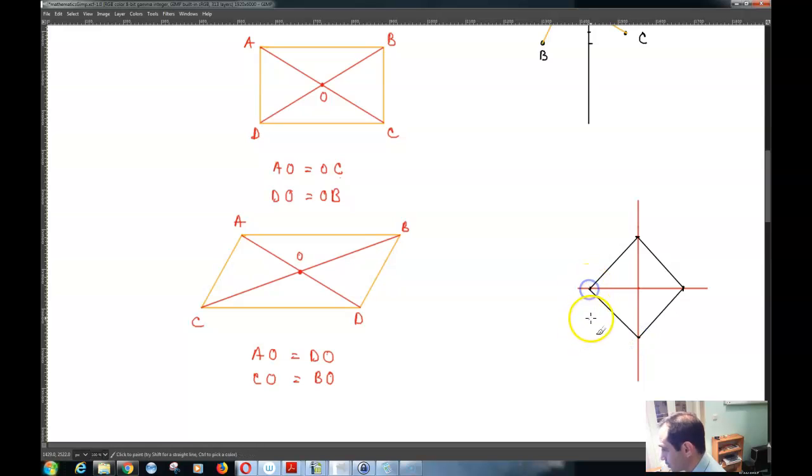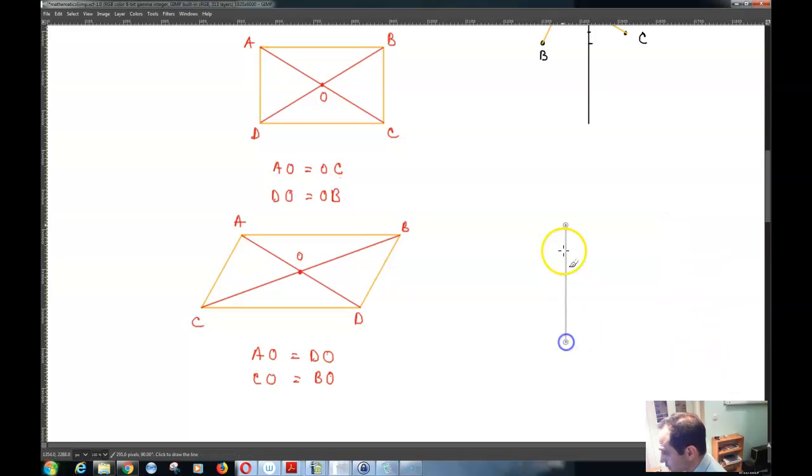If I have this geometric shape over here, with this distance and the same distances along these two lines, you see that these two lines are parallel, and these two lines are also parallel, and this is called a rhombus.